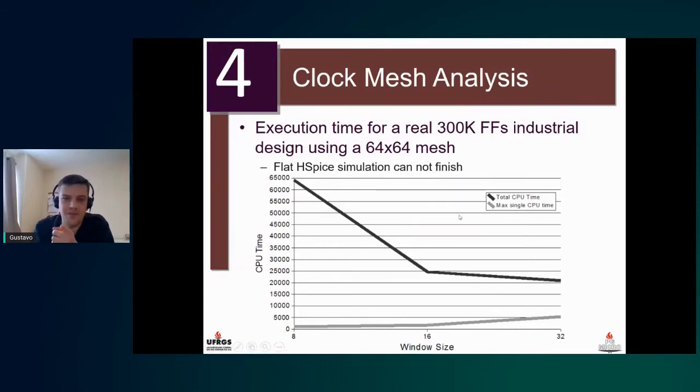Oh wait, I'm misreading this data here. So this line in the top is the total runtime of each one of the simulations, and the line in the bottom is the maximum runtime for each one of the windows. So what this is actually showing us is the benefit that we might get from parallelizing the simulation.